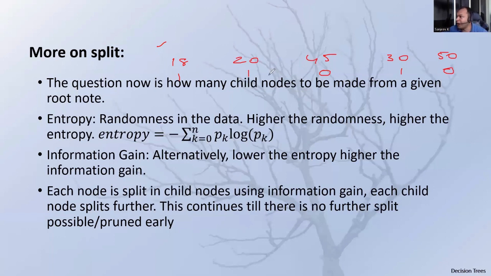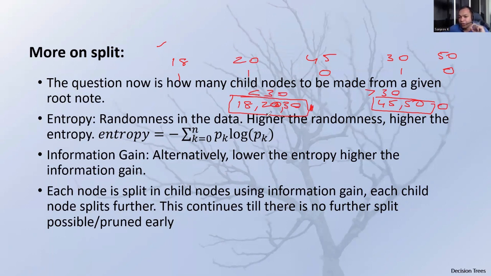If I divide this data set into two parts, one less than or equal to 30 and one greater than 30, then I'll have 18, 20, and 30 here, and 45 and 50 here. This child node belongs to one class where these records are eligible for loan, and these records where the age is greater than 30 are not eligible for loan. I have two classes, 1 and 0.